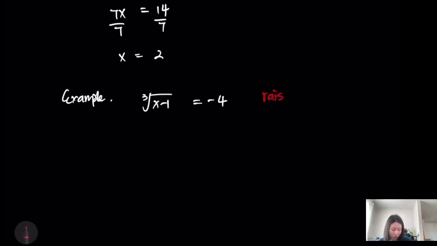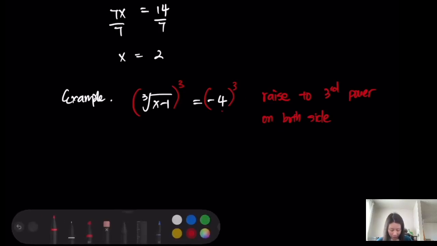So here, you want to cube both sides. Remember that when you're raising both sides, it's everything on the left side and everything on the right side. That's why you need to put parentheses, because on the right side, you don't just have the number, you also have the negative sign.